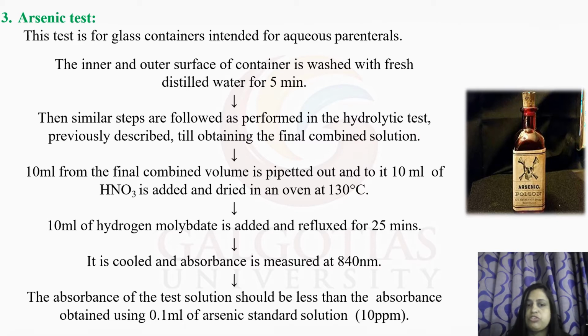After this, 10 ml of hydrogen molybdate acid is added and refluxed for 25 minutes. Then it is cooled. Absorbance is measured at 840 nanometer in the visible range, and the absorbance of the test solution should be less than the absorbance obtained with 0.1 ml of arsenic standard solution of strength 10 ppm.